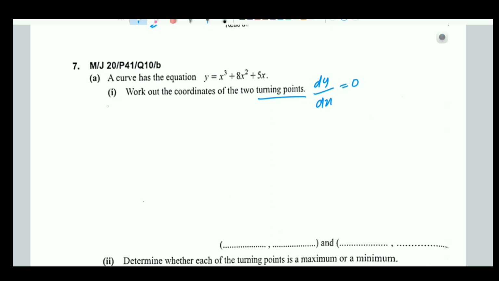So dy over dx will be 3x square minus 16x plus 5. And now 3x square minus 16x plus 5 is equal to 0.